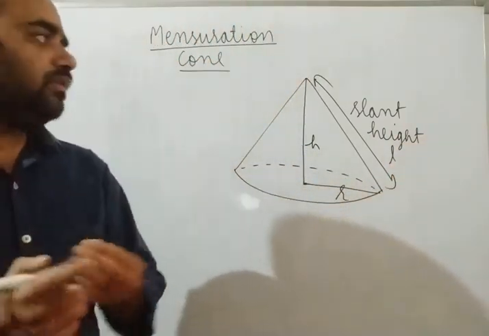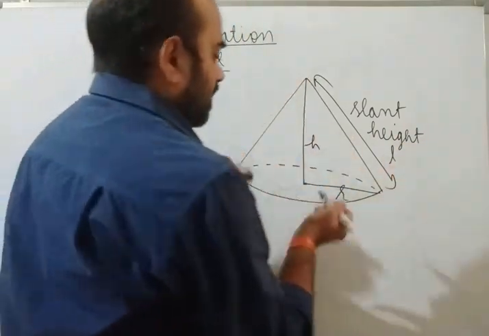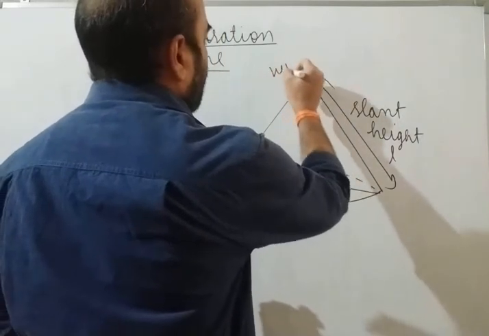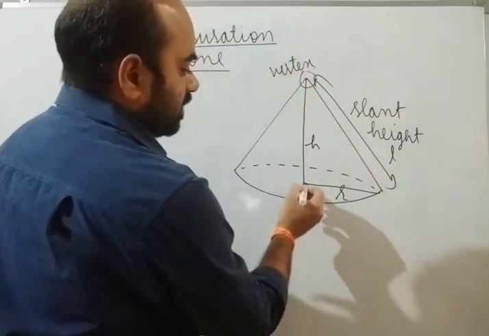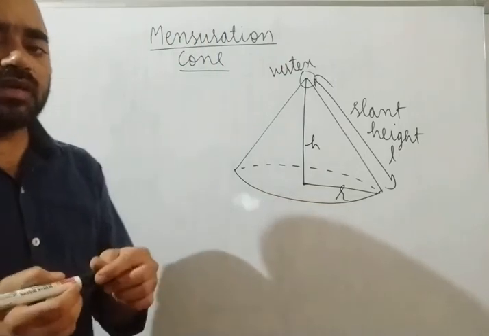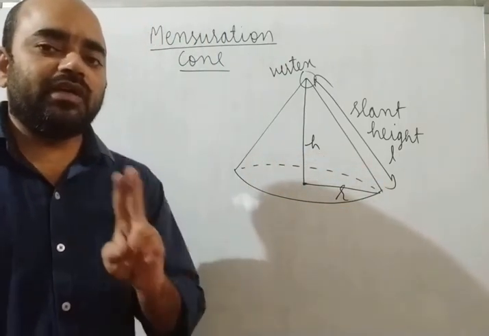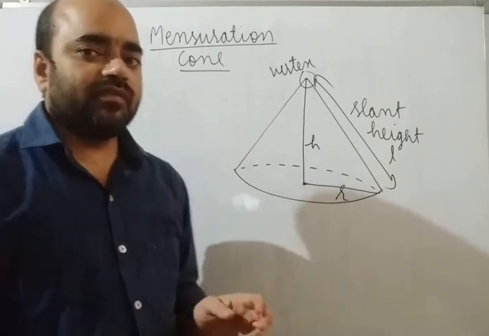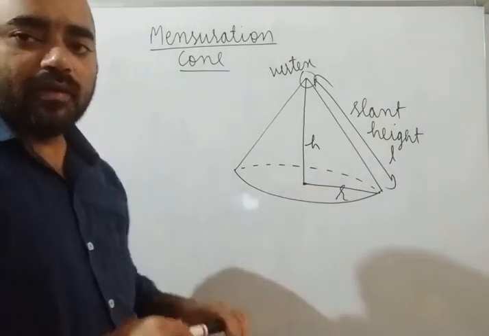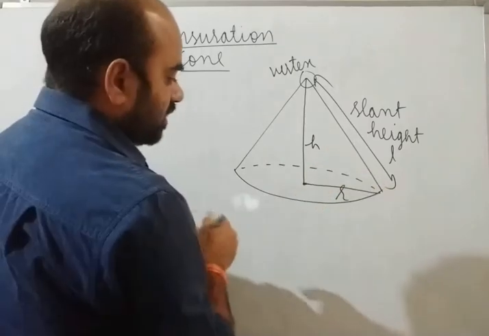So in a cone we have a vertex. See, this is the vertex. This is the center of the circular base. In the cone we have two kinds of faces only. One is the circular base, the circular part, this face.